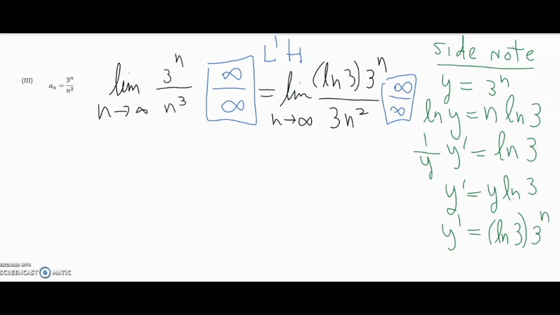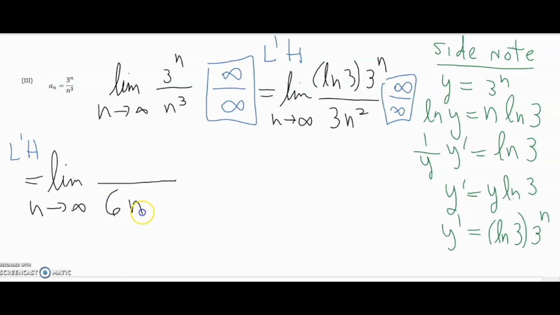That means more L'Hopital's rule. I'll take the derivative once again of the numerator and independently of the denominator. The denominator gives me 6n. In the numerator, I follow the same side note for the derivative of 3 to the n. That introduces a second natural log of 3. So I have the natural log of 3 squared times 3 to the n power.